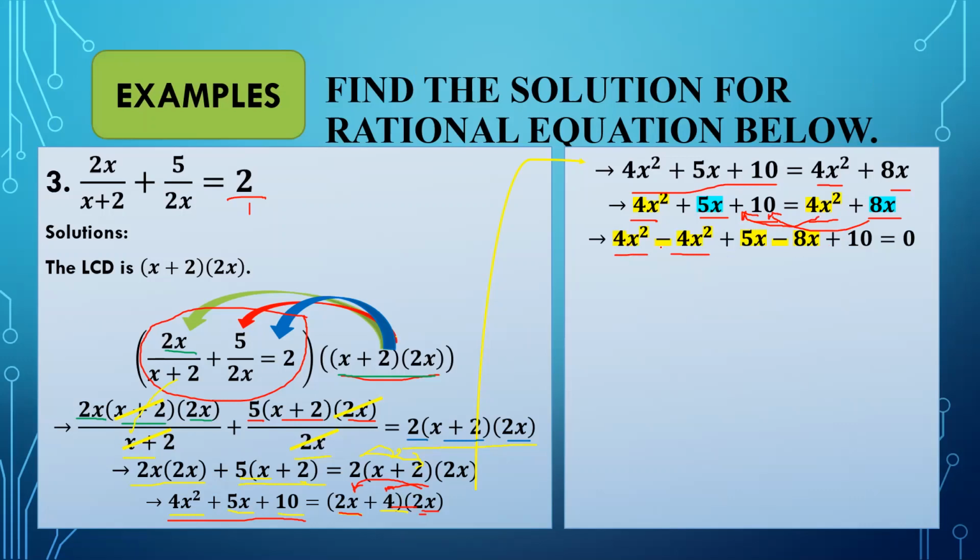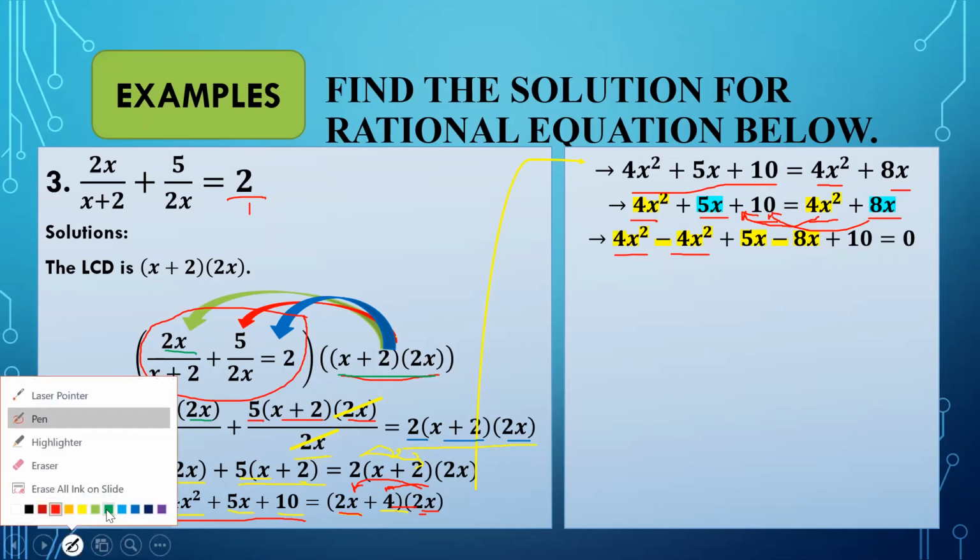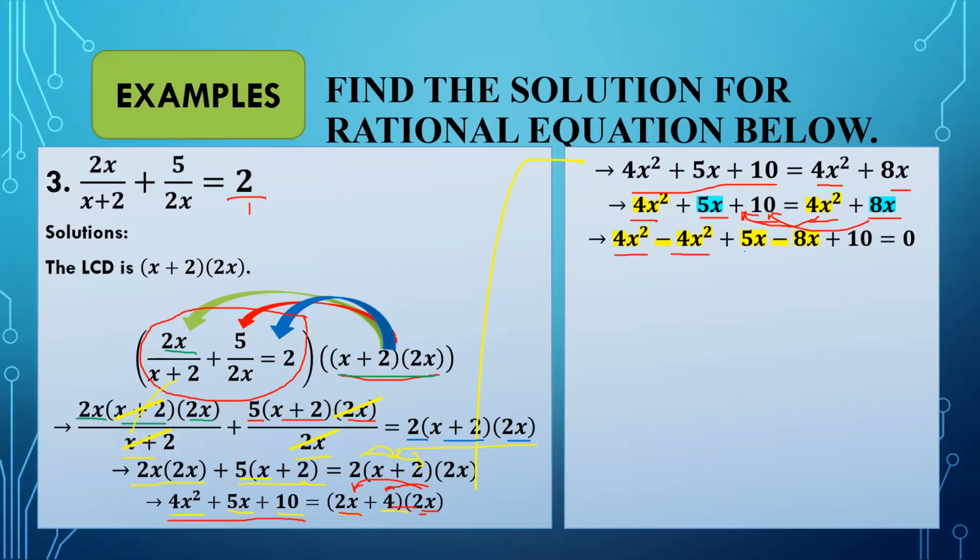So we have 4x squared minus 4x squared, and 5x, just copy 5x, minus 8x by transposition or additive inverse, then plus, just copy 10.